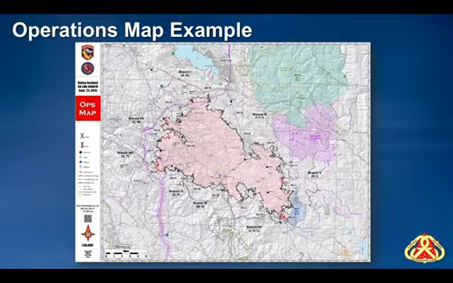This is another example of an operations map from the Valley incident in 2015 in Lake County, California. This is an example of a large fire on a single E-size at 1 to 50,000 scale.